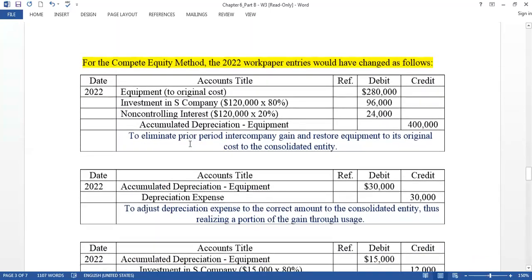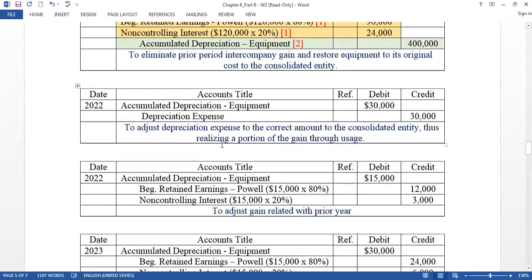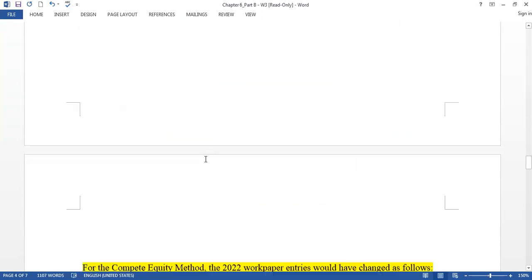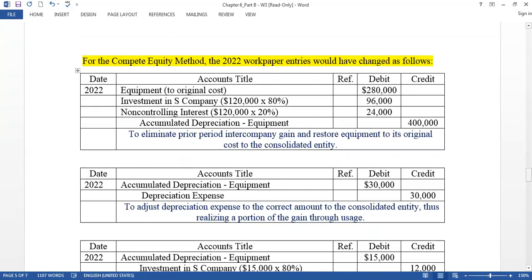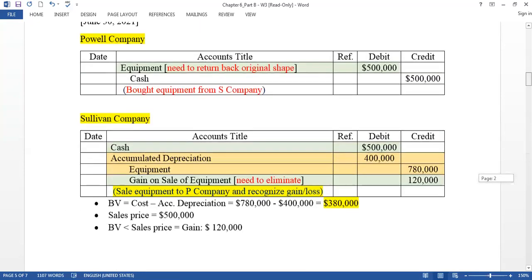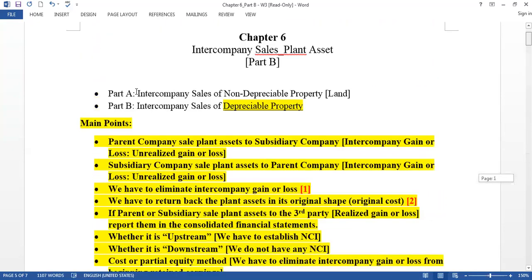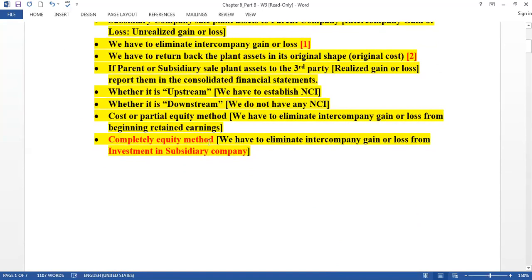For the complete equity method, okay, sorry, we finished partial equity and cost method. For the complete equity method, everything is similar, only we should include investment in subsidiary instead of retained earnings.